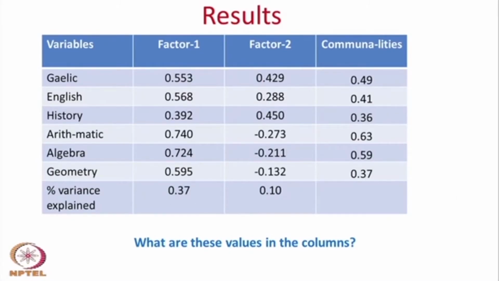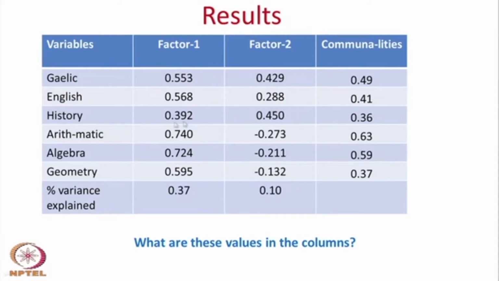Now, if you see these loadings, Gaelic is almost equally loaded with factor 1 and factor 2, because the loading value is 0.553 for factor 1 and 0.429 for factor 2. Similarly, English has a higher loading on factor 1 and a little lower on factor 2, but it is not negligible.